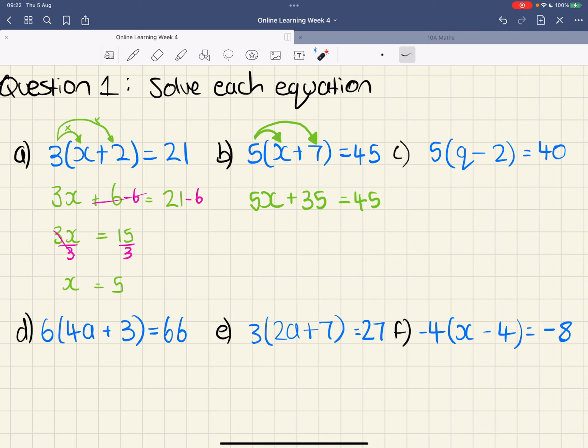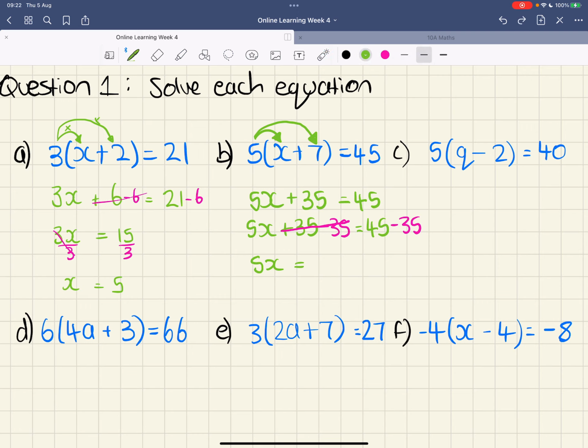I'm going to remove the plus 35 by taking away 35 from both sides. So it'll look like this. Take away 35 equals 45, but I need to take away 35 on the other side as well. There you go. The plus 35 and the minus 35 have just cancelled out. I'm now left with 5x equals, now 45 take 35 is 10.